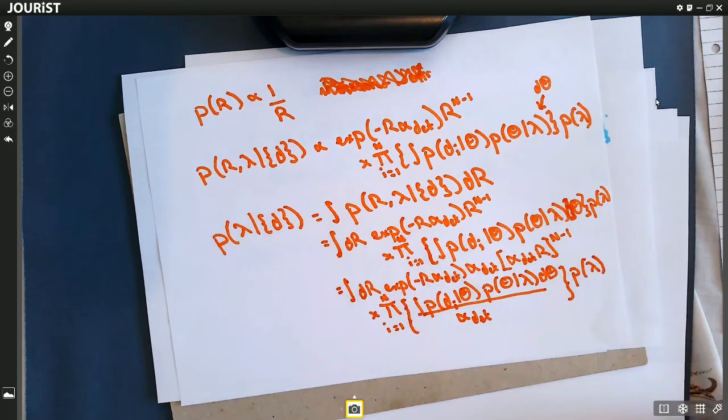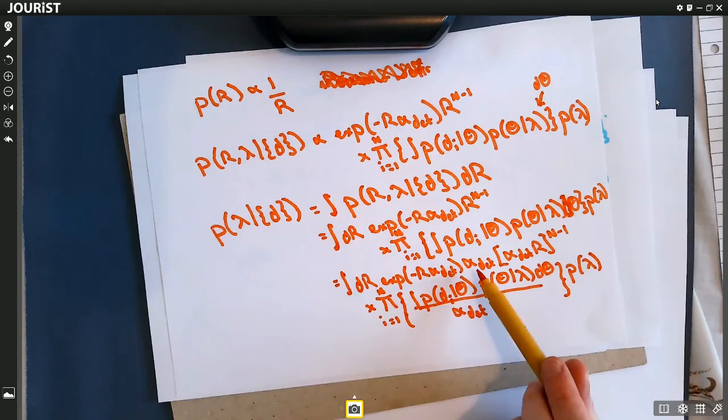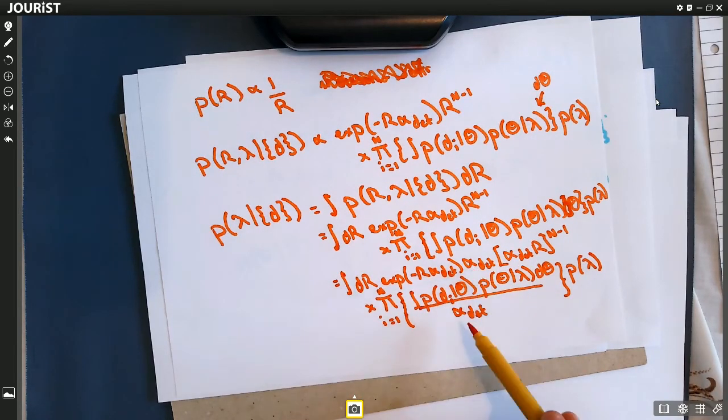So I have alpha det to the n minus 1, alpha det to the n, cancelled out by the alpha det down here at the bottom.